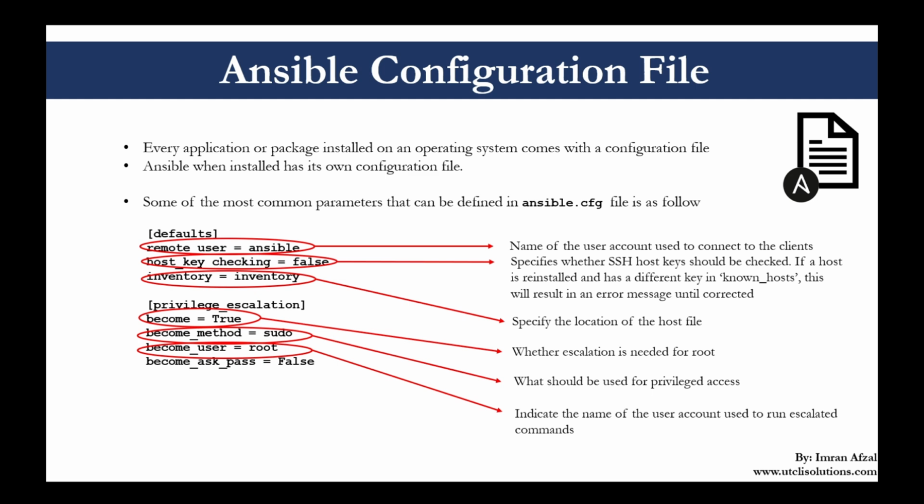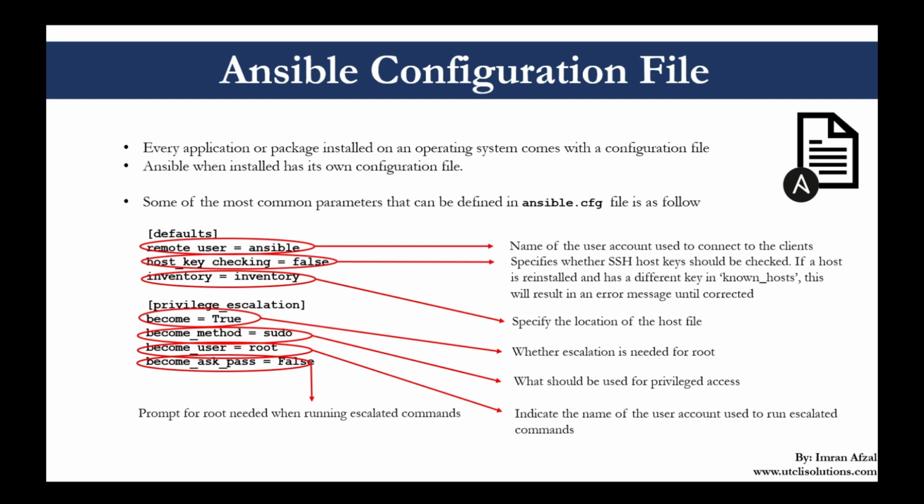Then there is a parameter that prompts you for a password for root when running escalated commands. If you specify false, then of course it will not prompt you for a root password.